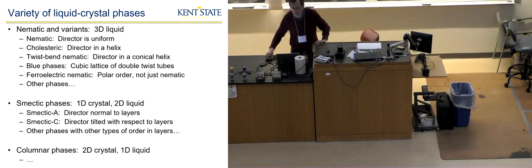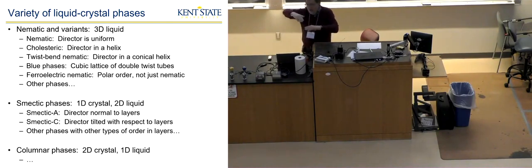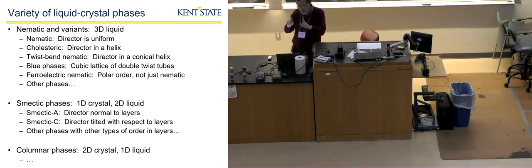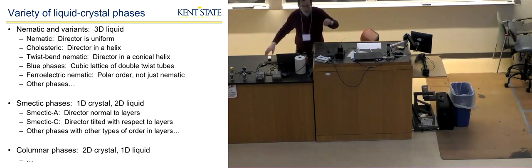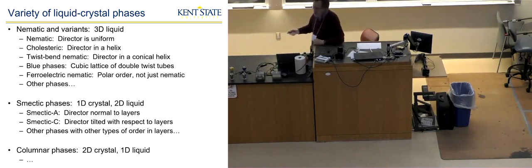And so when they form layers, that makes what's effectively a crystal in one dimension, but it's still fluid in the other 2 dimensions. So it could look like a crystal in Z, where there's a periodicity in the density, with more molecules here and not so many there, and then more molecules and then not so many. But still, within the XY plane, the positions are random. So it's partially a crystal and partially fluid.